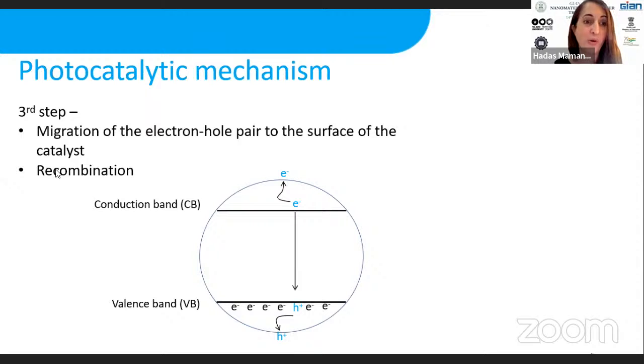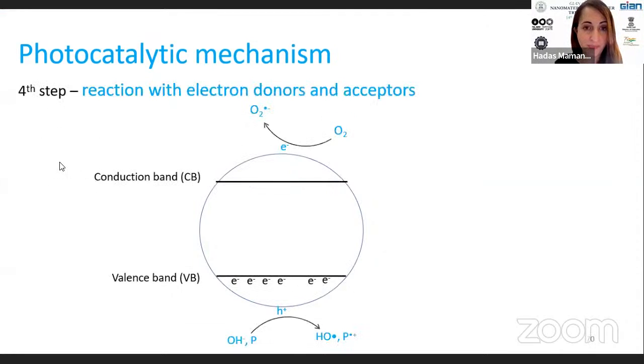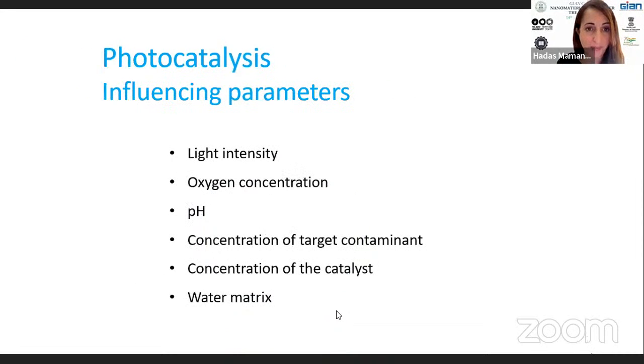However, we want to avoid or minimize the recombination. The next step would be reaction with electron donors or electron acceptors. So either reacting with oxygen to form superoxide radicals, or reacting with water or a base to form the hydroxyl radicals. So that would be the fourth step.